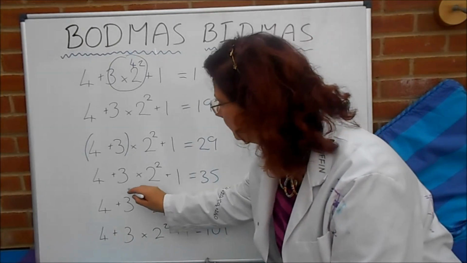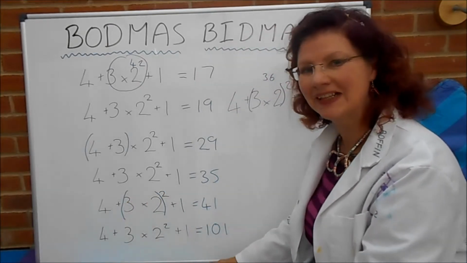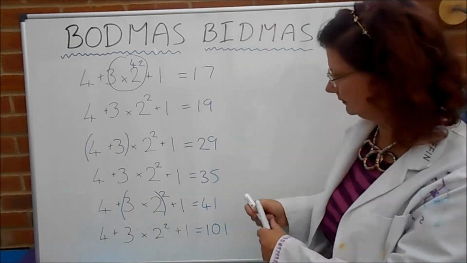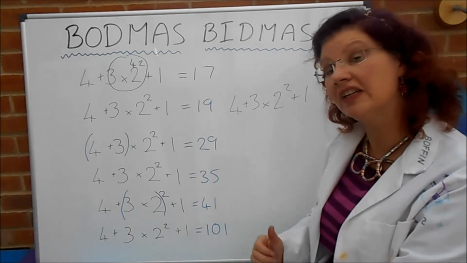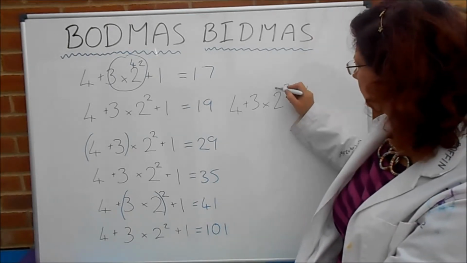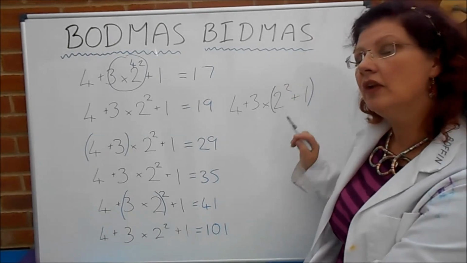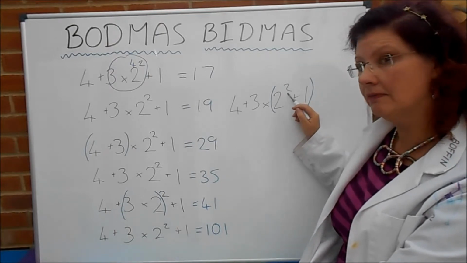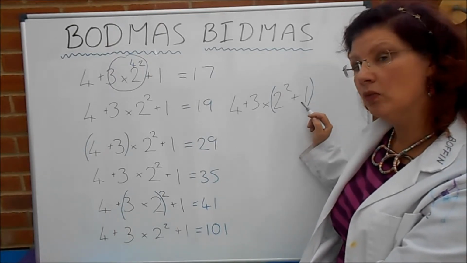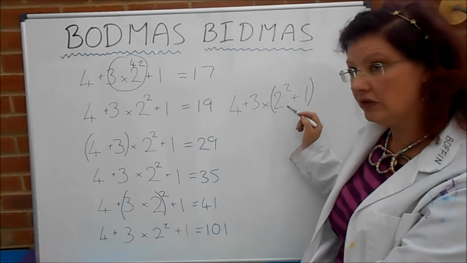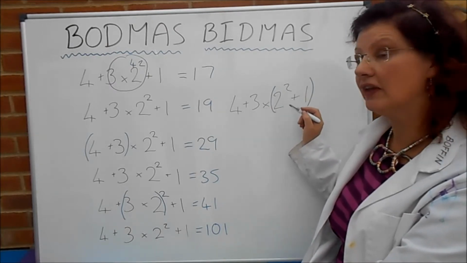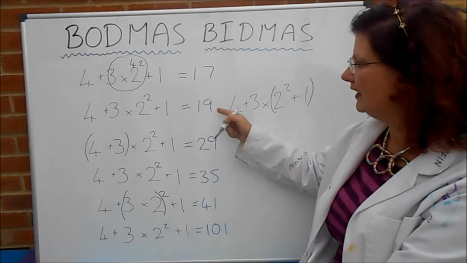So that's that one. Let's try another. We could try brackets near the end. So here we're going to do the squared, which is 4, add 1, which is 5, then we're going to do the multiply, so that's 3 times 5, that's 15, plus the 4, 19.